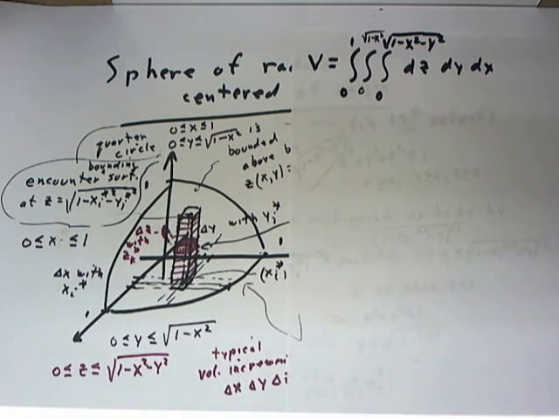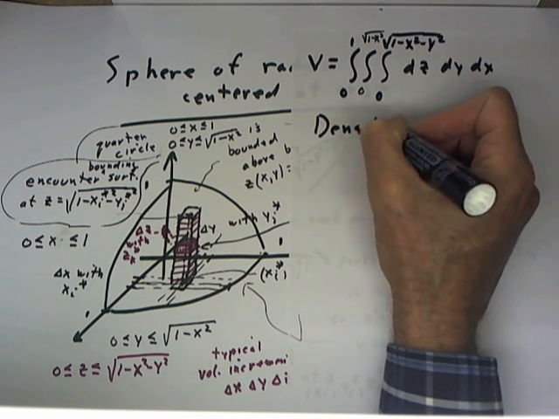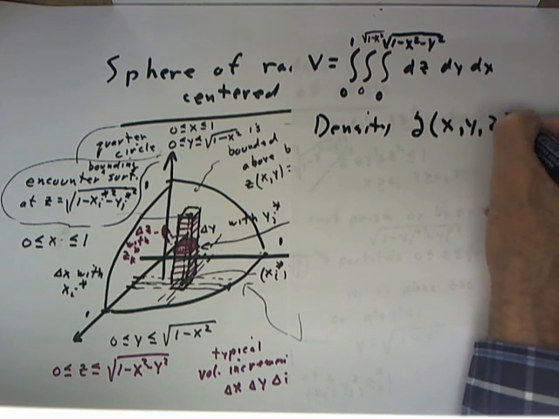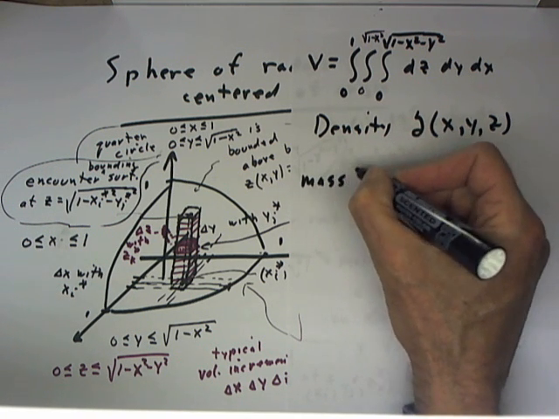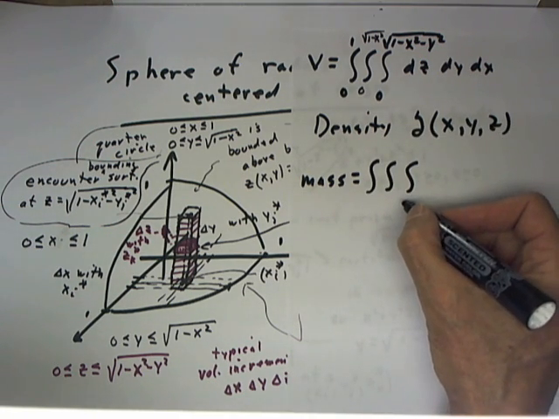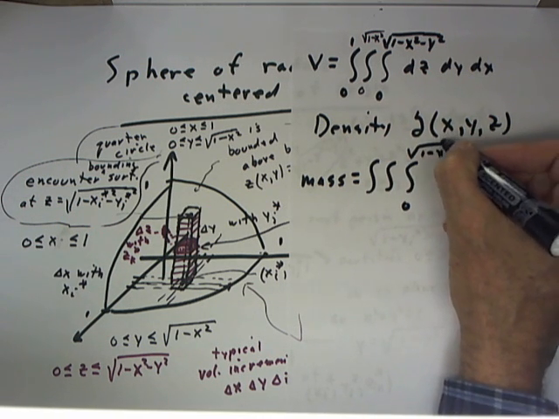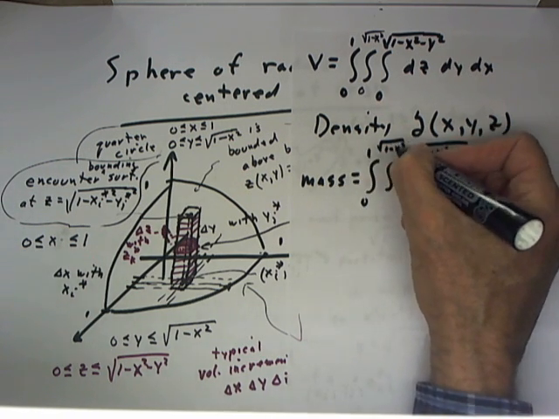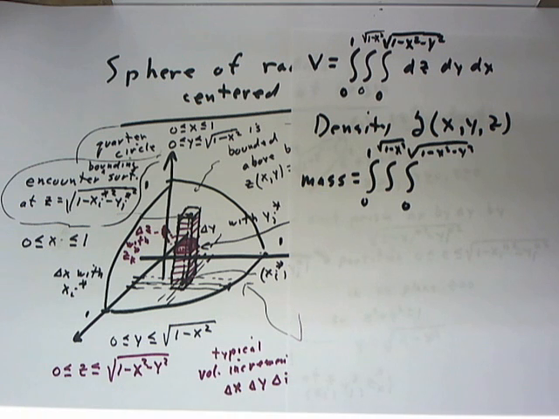If we had a density function, so we have a density delta of x, y, z, then the mass is going to be the same triple integral, or the triple integral over the same region, of the density function.